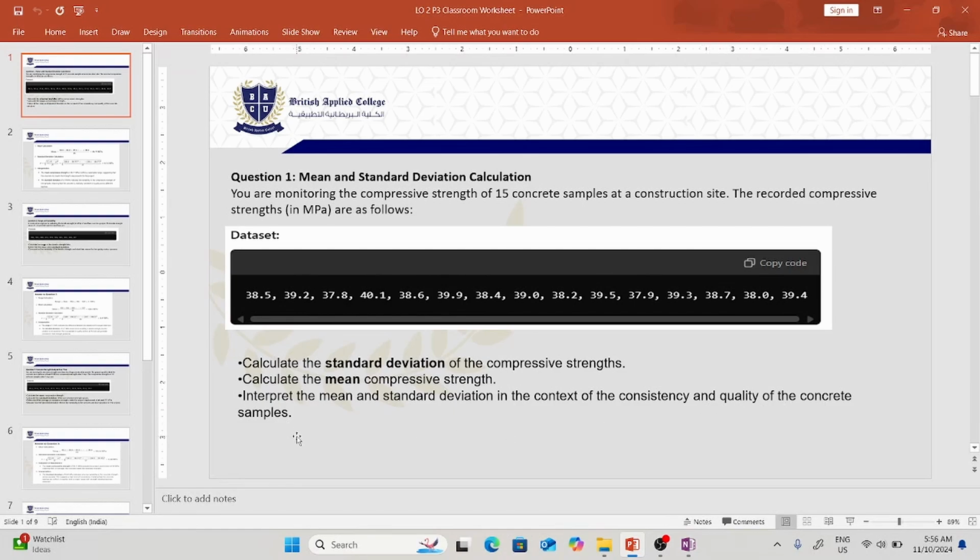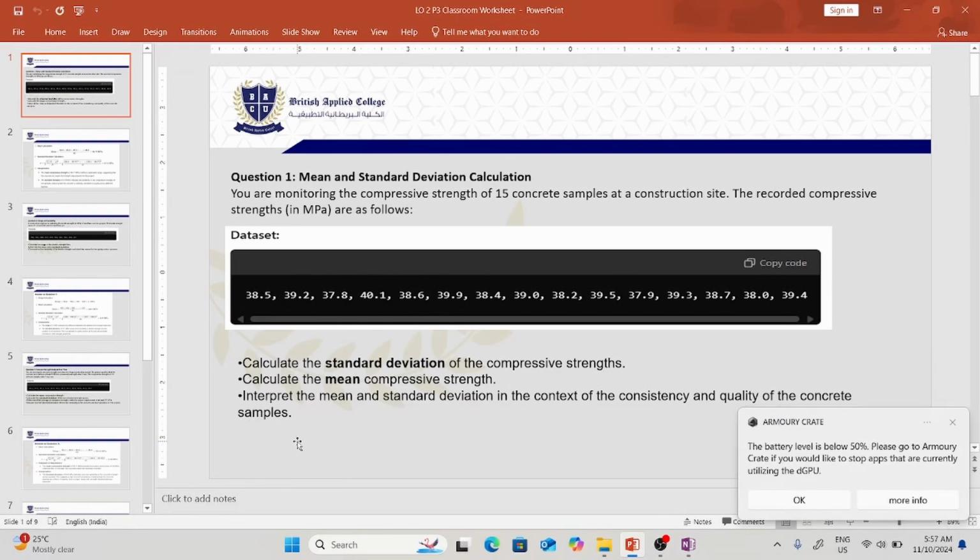What they mean here is, whenever you have a standard deviation, what does it signify if it is high, or if it is low? That you need to explain. Suppose you get a high standard deviation, like 5 or 6. Then you can say the compressive strength is varying too much, away from the mean.